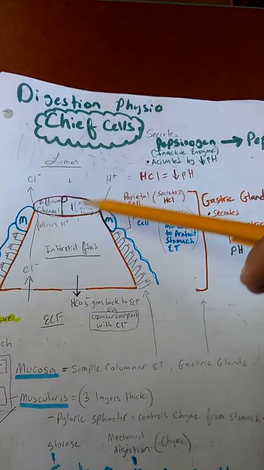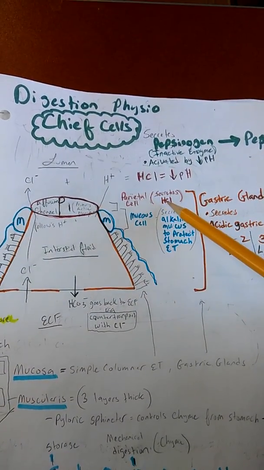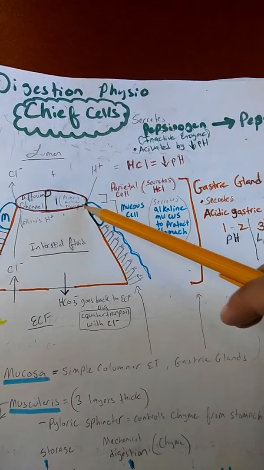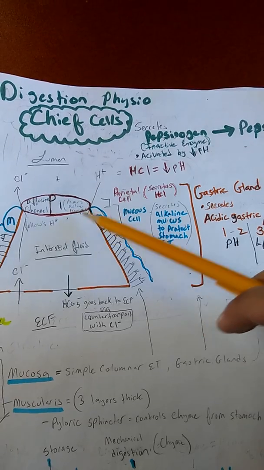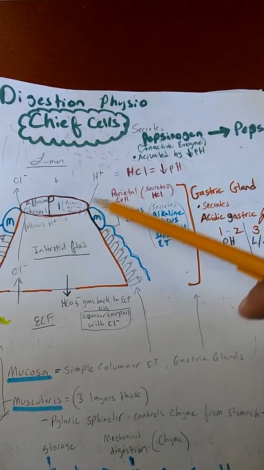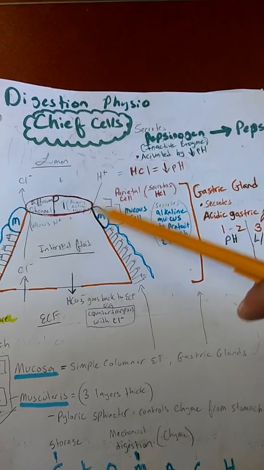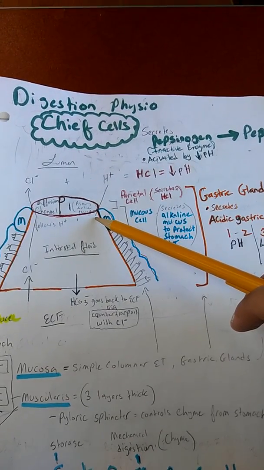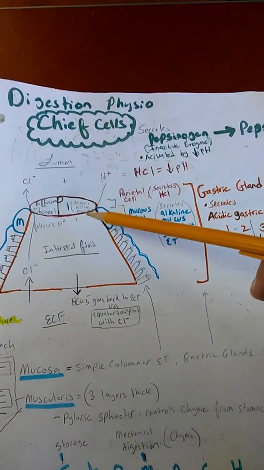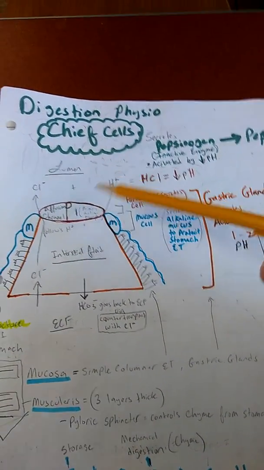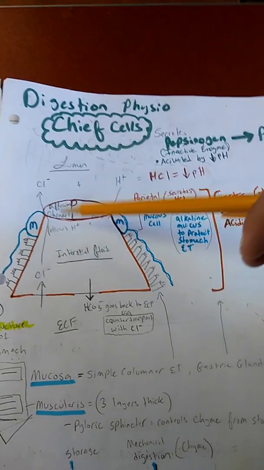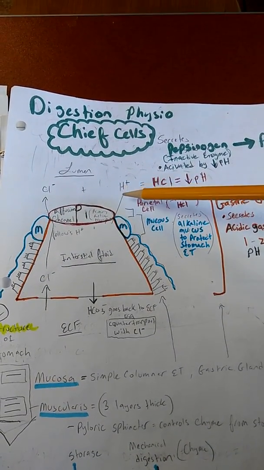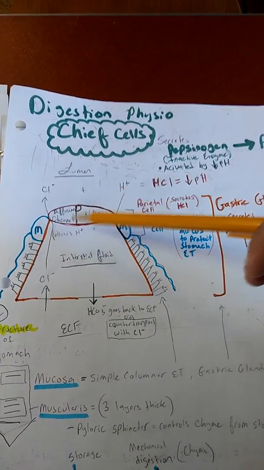Okay, now in this section here will be the parietal cells, which secrete HCl, which is acid, right? Hydrochloric acid. Through the parietal cell, what it does is that it secretes specifically hydrogen ions. Through which transport, we'll put a 1 here for primary active transport. And then as the hydrogen ions go out, the chlorine basically follows the H pluses through the diffusion channels.